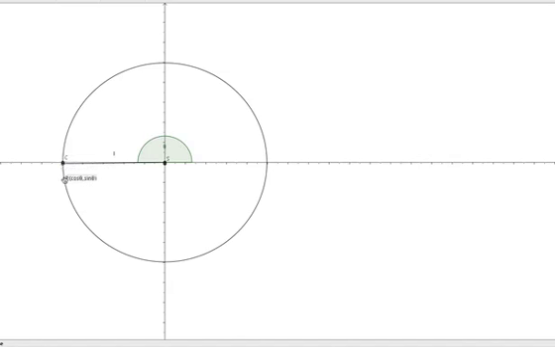Continuing in this way, values of sine theta then become negative, and at 270 degrees, sine of 270 degrees is minus 1. The values of sine theta start increasing again until we reach 360 degrees, and the sine of 360 would be 0 again. So let's unwrap that.